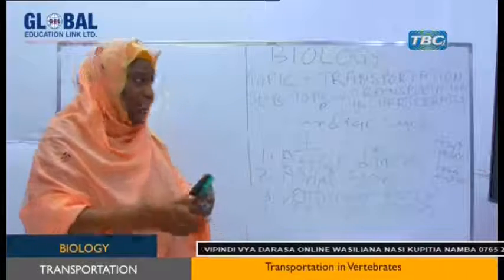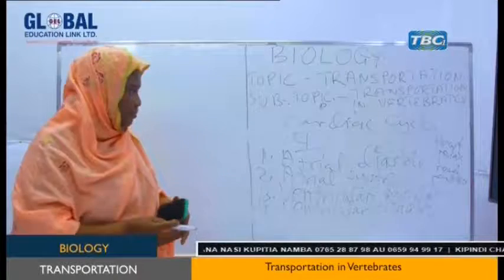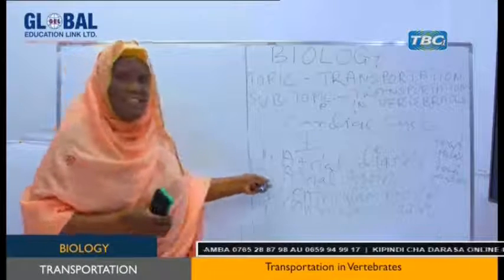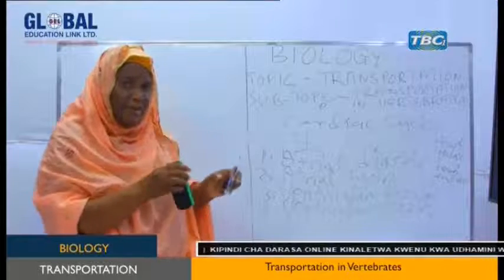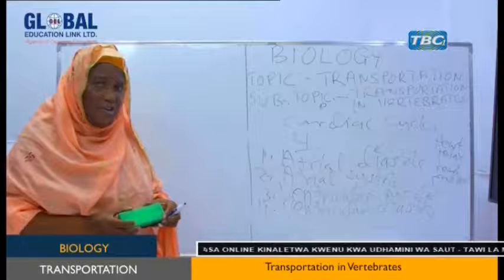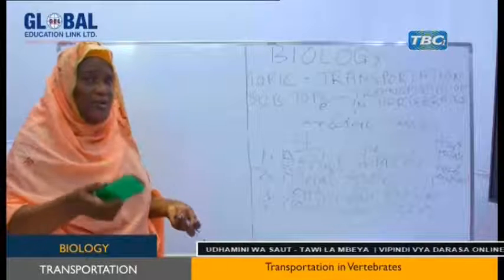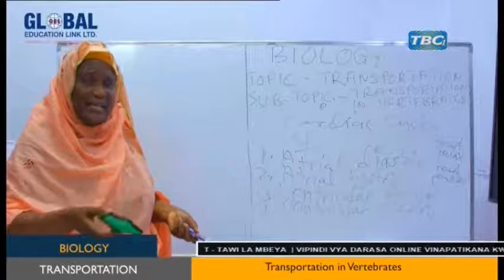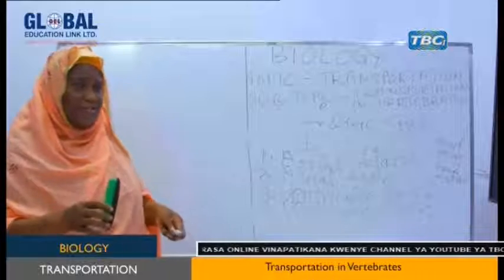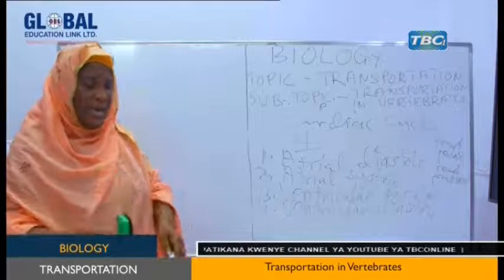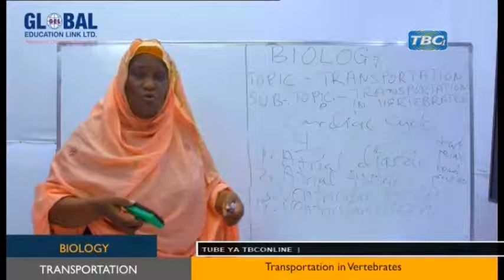Therefore, when they contract, it means you move now from atrial diastole, we go to atrial systole. They contract and force blood to enter the ventricles. The blood will continue to enter the ventricles. Then the pressure will be created there, which will push the atrioventricular valves to close.